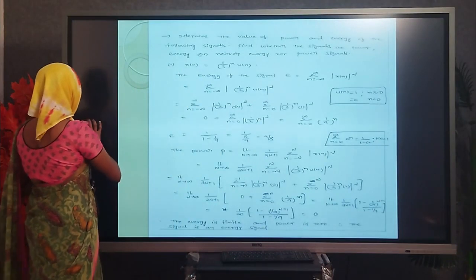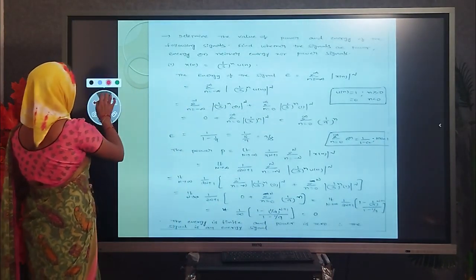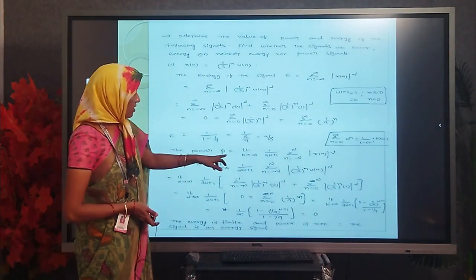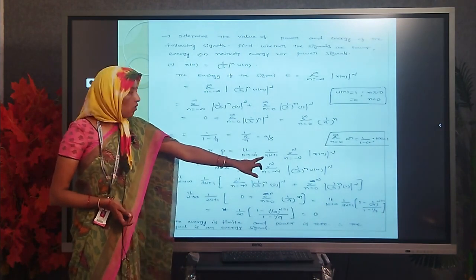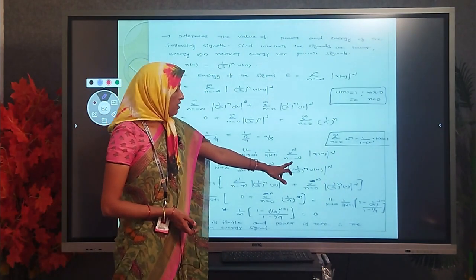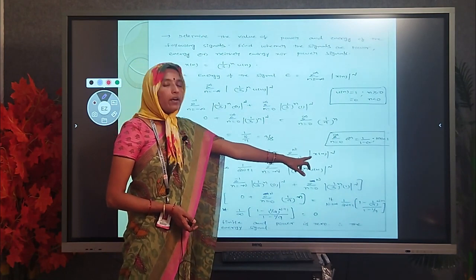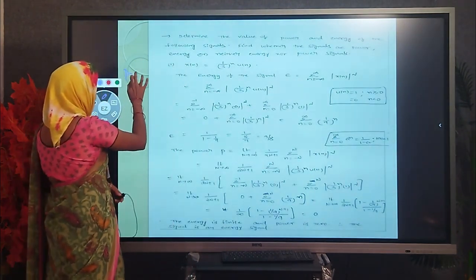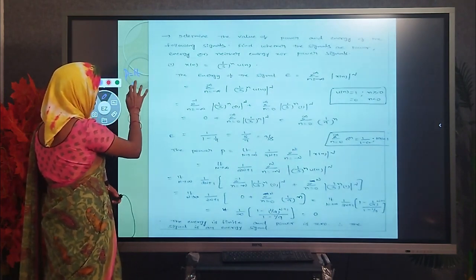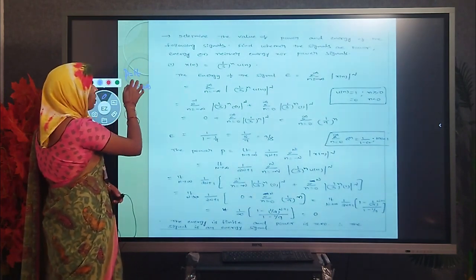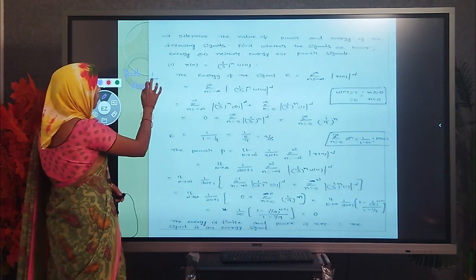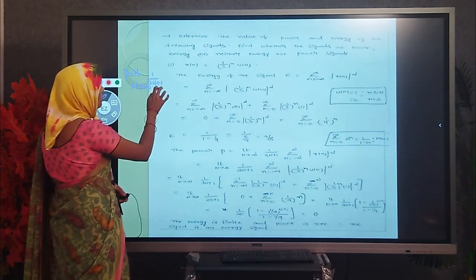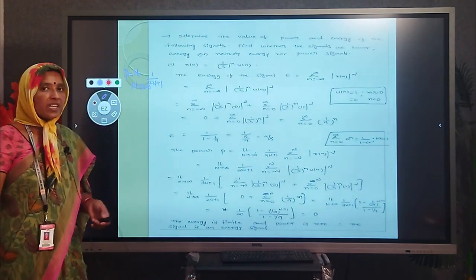And let us see the power of the signal. How to calculate the power? Power P equals, this is the formula, limit n tends to infinity 1 by 2n plus 1 summation of n equal to minus n to n modulus of x of n whole square. Here 1 by 2n plus 1 means the period.